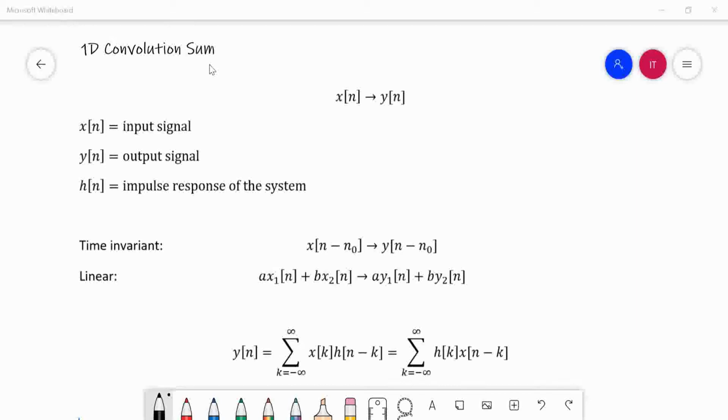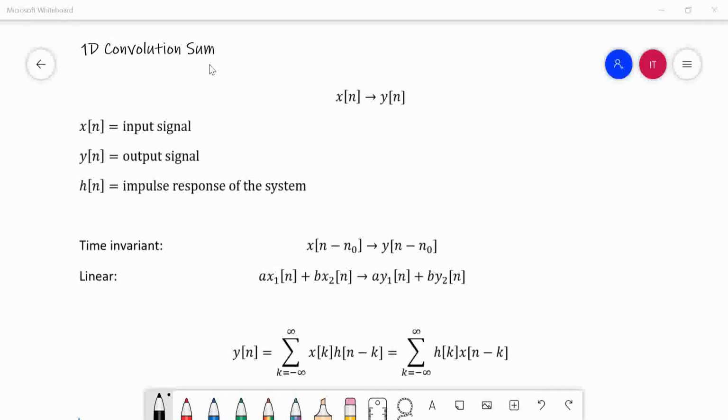We feed the input to our system and we get an output called y[n]. The system itself has an impulse response h[n]. Impulse response is how the system responds to an impulse signal.